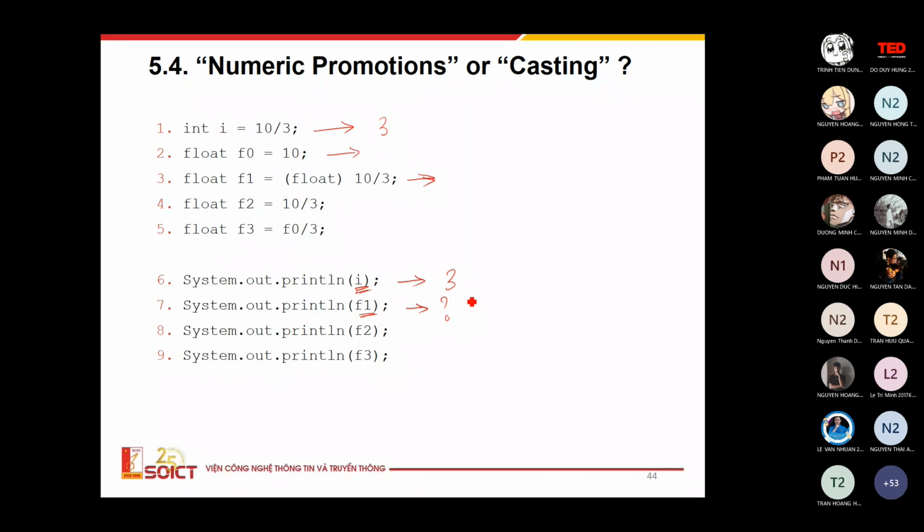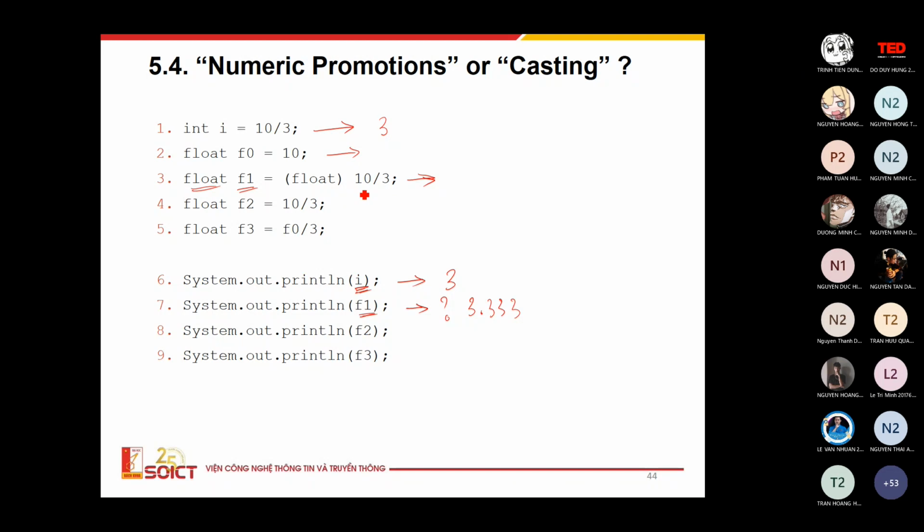Yes, welcome. F1, I think it will print 3.33 on the display. Why? Can you explain? In the third comment, first we declare a variable named f1 and its data type is float.